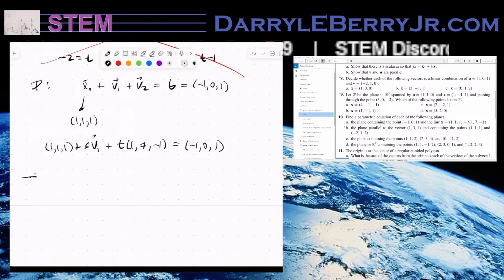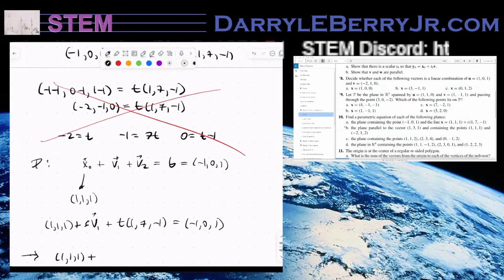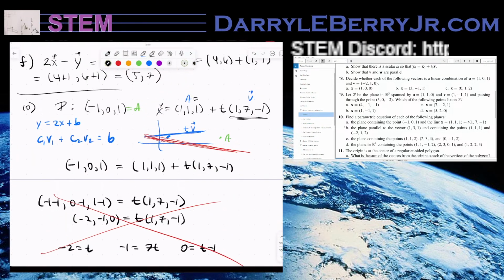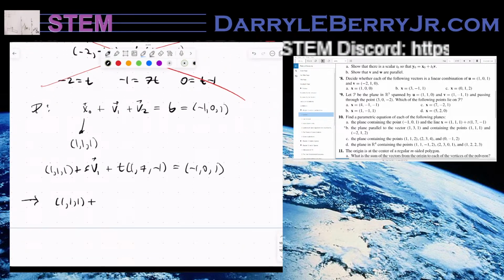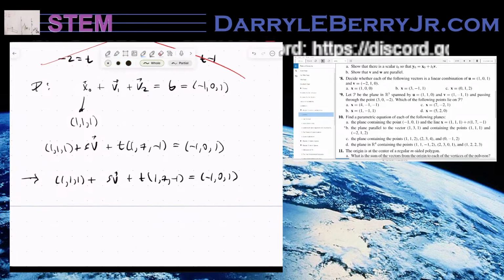So 1, 1, 1 plus, and 1 is this point here, SV plus T 1, 7, -1 equals 1, -1, 0, 1, right?